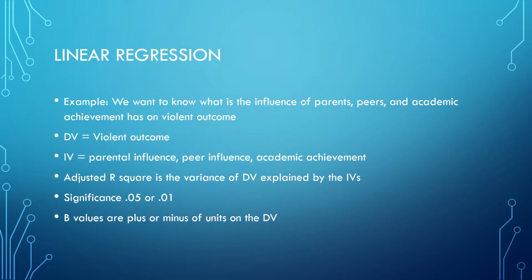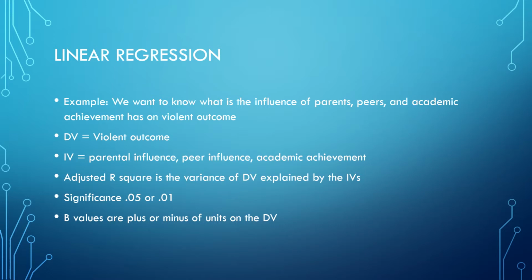And so what we want to look at, let's say we've done the project and we input the data and we ran the analysis and now we have an output. The one thing we want to start looking at is the adjusted R squared. And the adjusted R squared is going to show you the amount of overall model variance that the dependent outcome variable is explained by your independent variables.